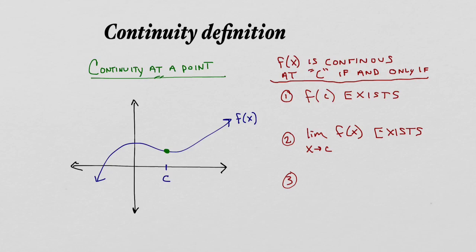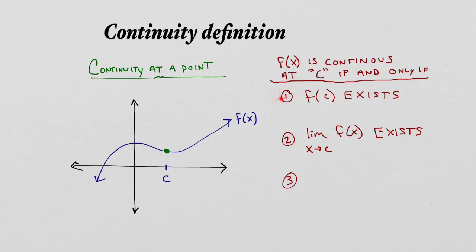So far we have two conditions. We need the point to exist, and we need the limit to exist. And the last thing that needs to happen is that those two things have to be the same. The limit has to be the same as the point that is defined at c.